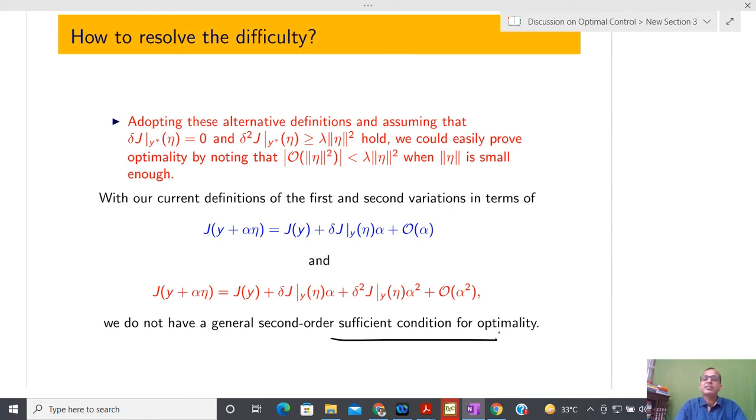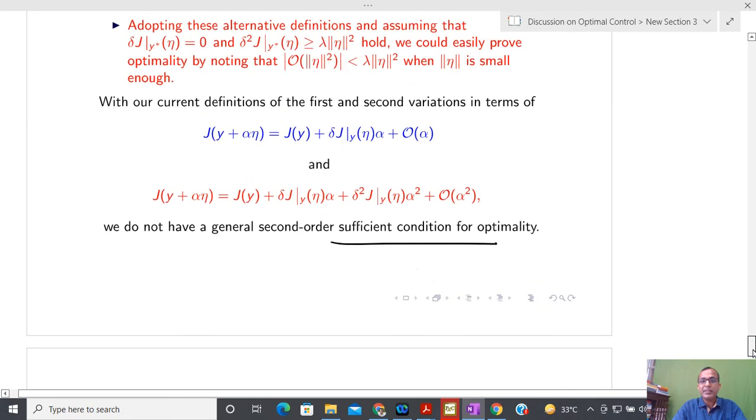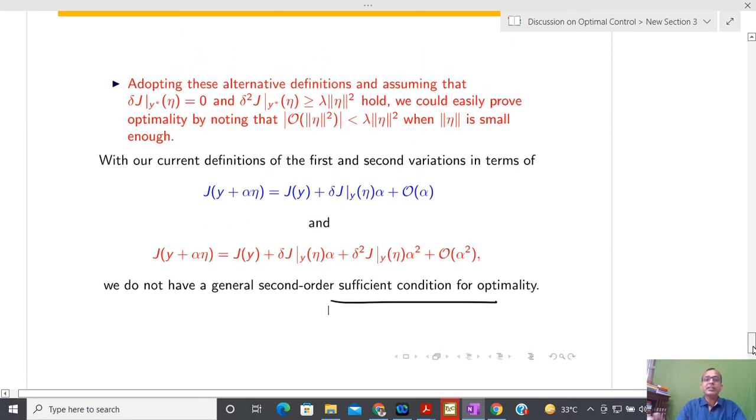So we have to select another derivative, called the Frechet derivative. The same thing is written here: with our current definition of the first and second order variation, we do not have a general second order sufficient condition for optimality.